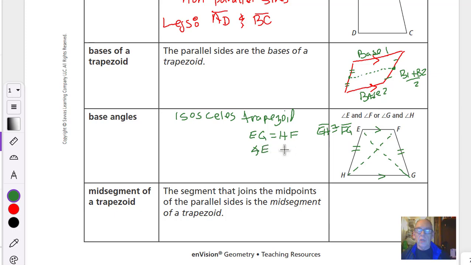Angle E is congruent to angle F, and angle H is congruent to angle G. Now that only works in an isosceles trapezoid, which has the two congruent sides. And then the base angles are congruent. So base angles of an isosceles trapezoid are congruent.